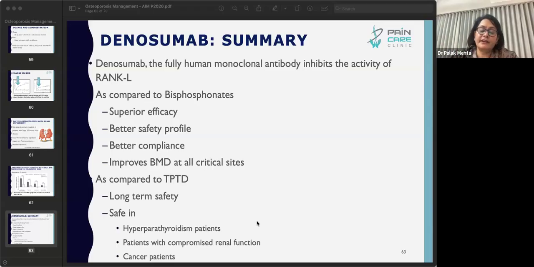It is also safe in hyperparathyroid patients. There are certain patients whose parathyroid hormone level is high, in whom we cannot safely give teriparatide. Denosumab can be given to those patients also. It can also be given in some cancer patients. Next slide.